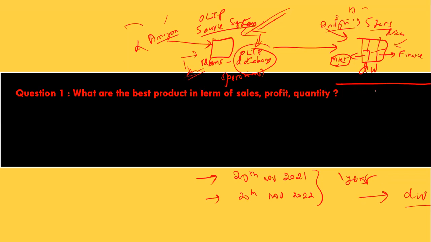So now you created a data warehouse, and you push one year of data to it. To load even the one year of data, take Flipkart, for example. Your volume of data has grown, even though it is one year, or let's say two years of data, 2020 to 2022. Two years of data itself is too high.